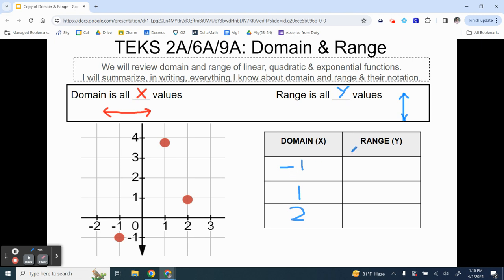Now, when I jump over to the range, I'm going to do the exact same thing, but you guys probably already guessed it. I'm looking for the y value this time. So I'm going to look at the same dot, but instead of going up to the x, I'm going over to the y. Well, it just so happens in this case that the y value there is also -1.